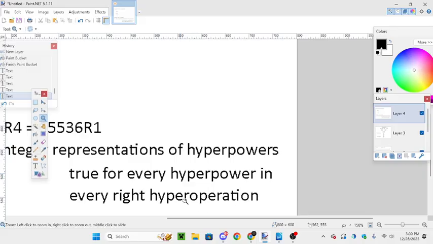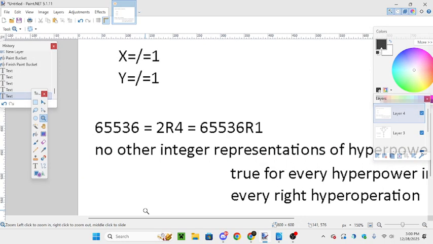I'm not saying that this is true for left tetrations and left pentations and mixed hyperoperations, just the canonical right hyperoperations. And the reason I think this is interesting is that I think this is probably true. I don't see a way for the hyperpowers of 4 to ever align with the hyperpowers of 2 or the hyperpowers of 8 or anything like that.